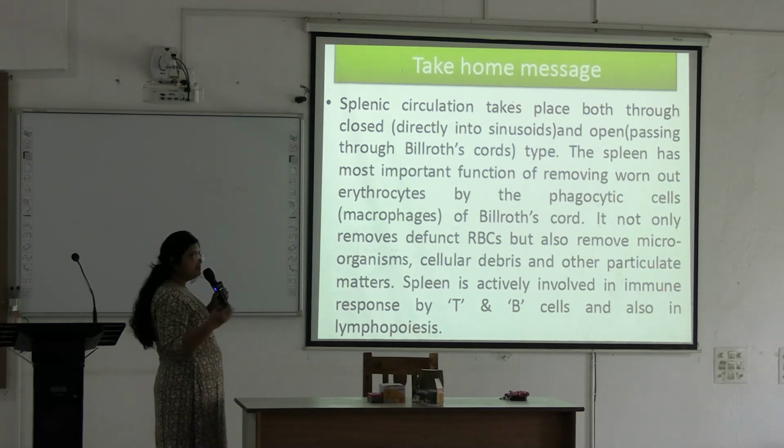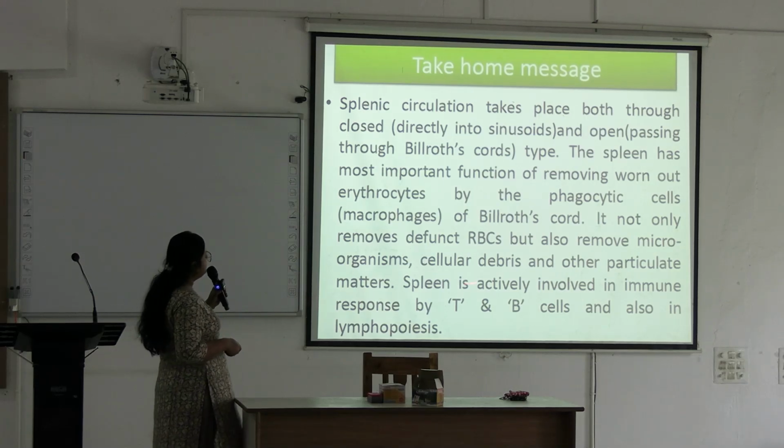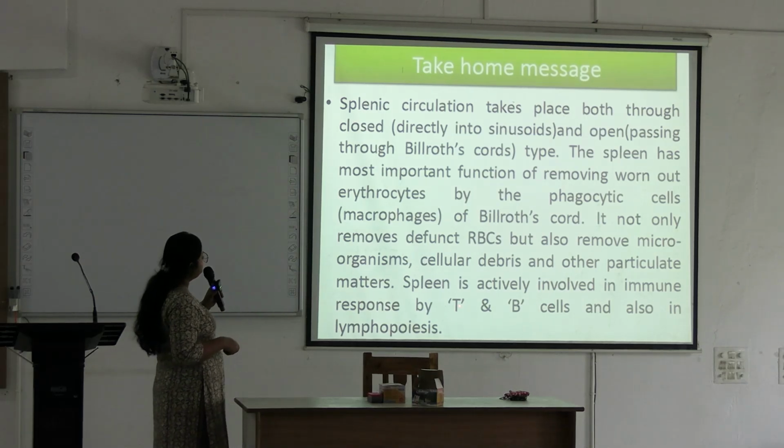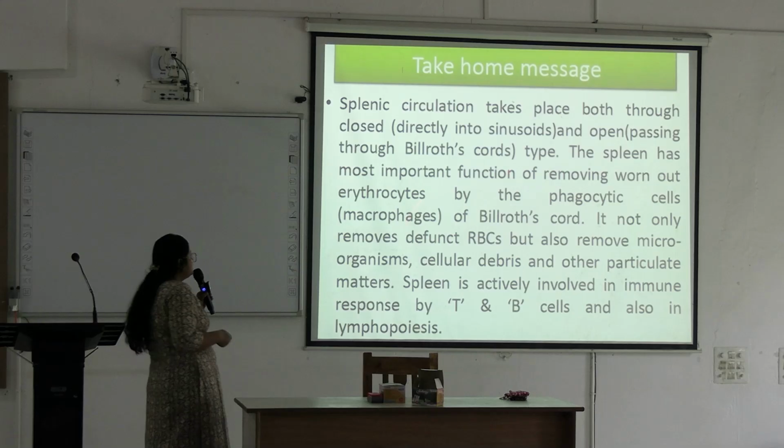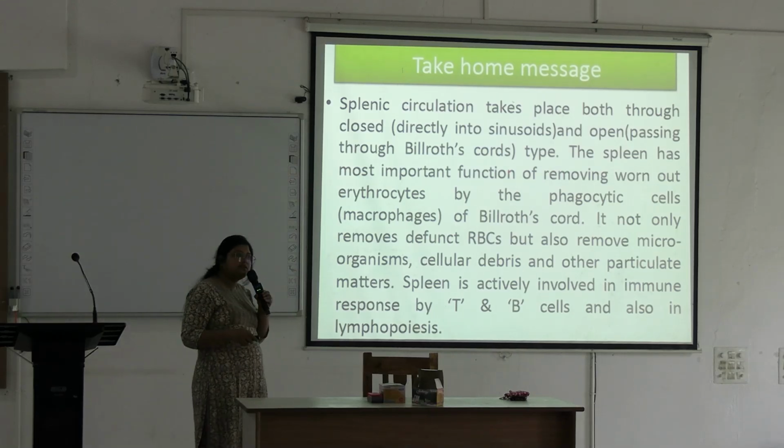Okay, that's why it has immune function, and spleen is actively involved in immune response with the help of T and B cells, and also helps in lymphopoiesis. Okay, so this is the summary of the splenic circulation.